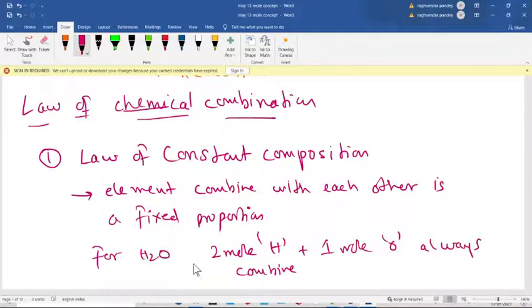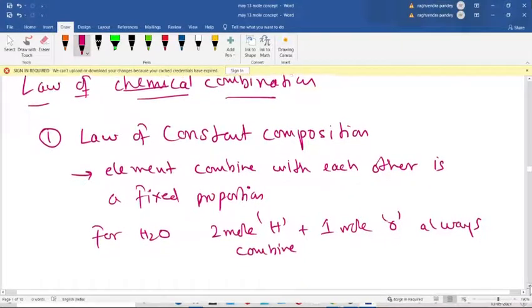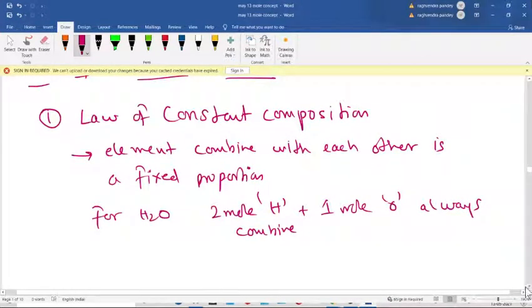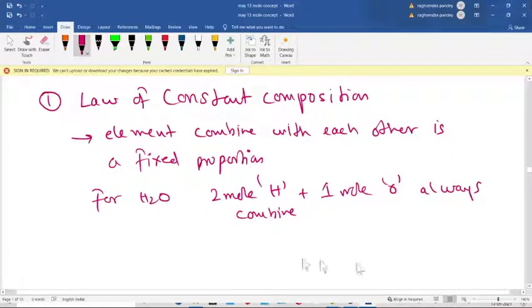That is called the law of constant composition. So the composition of water will always remain as H2O. Everybody getting it? Any doubt in this? Okay, so that is easy.